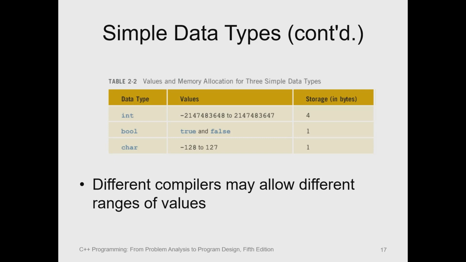Bool contains the values true and false, or ones and zeros, and the storage is just 1 byte. Same with character: char ranges from negative 128 to positive 127, and the storage is 1 byte. Take note that different compilers may allow different ranges of values.